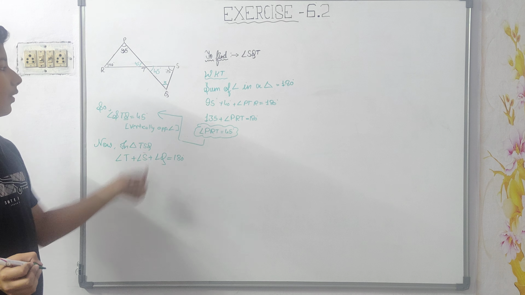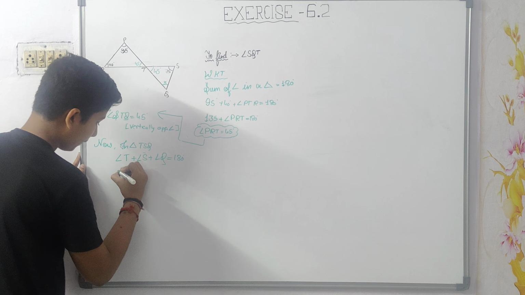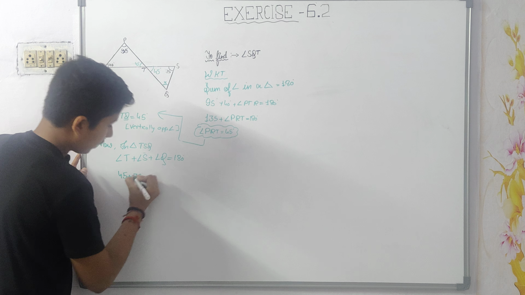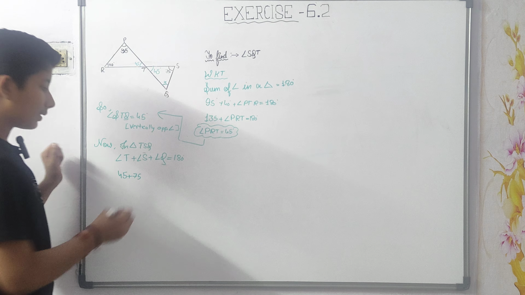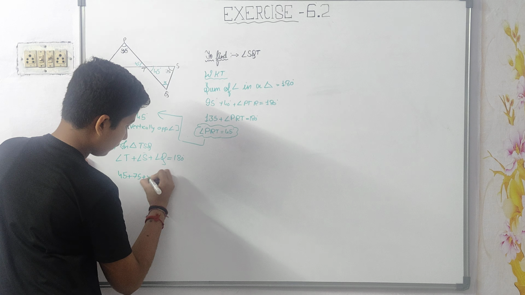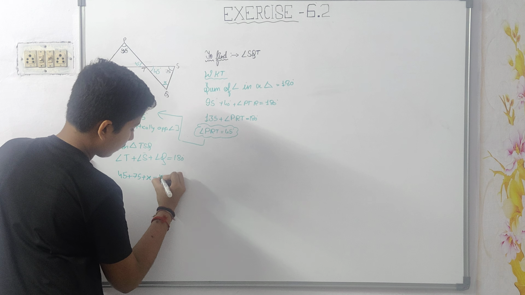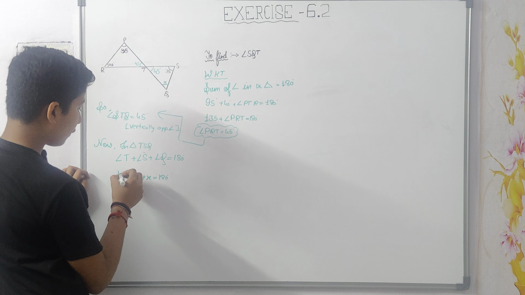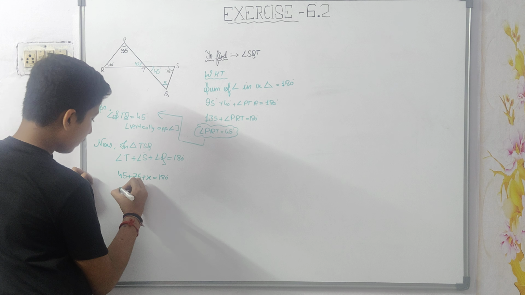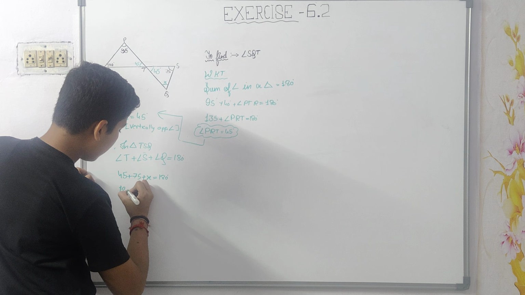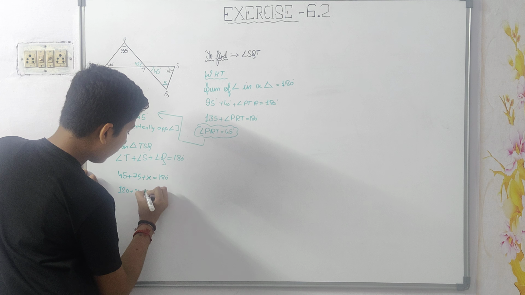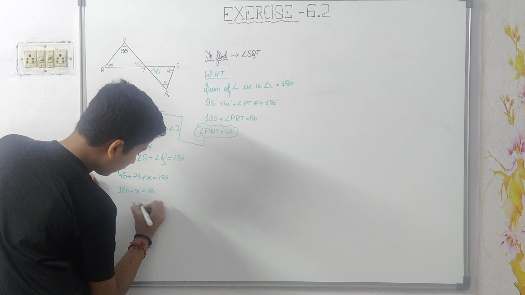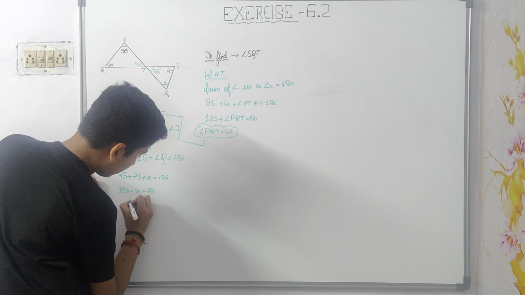Angle T is 45, angle S is 75, and angle Q is x. 75 plus 45 is 120, plus x equals 180. So x equals 60 degrees.